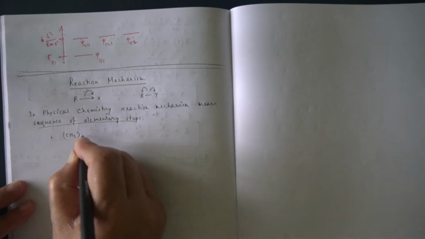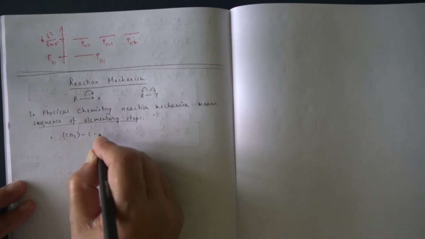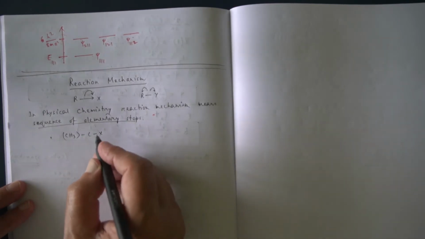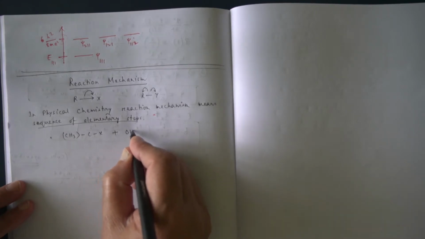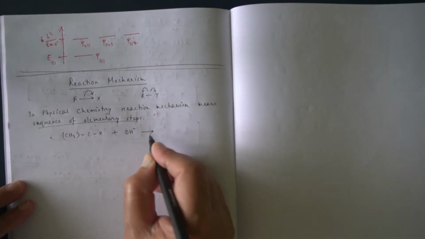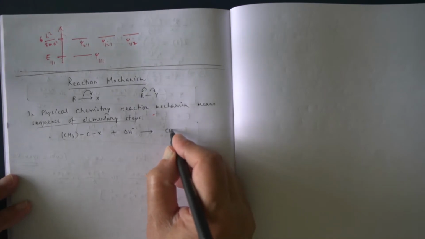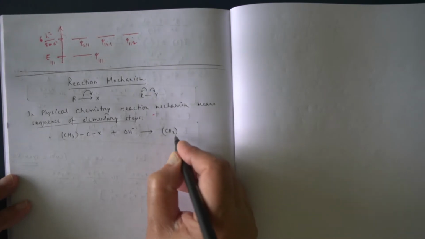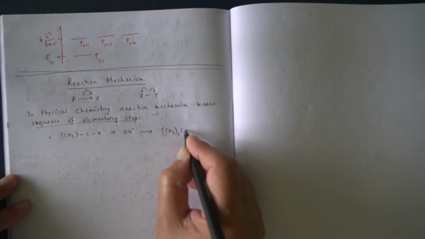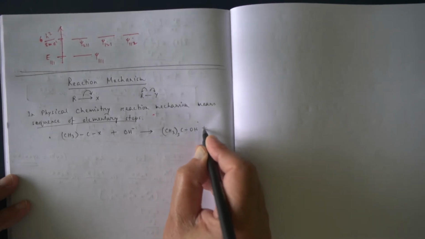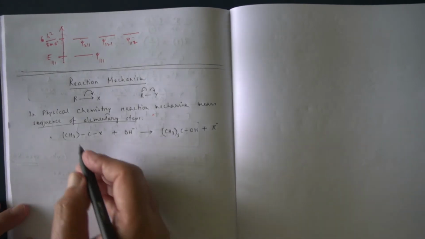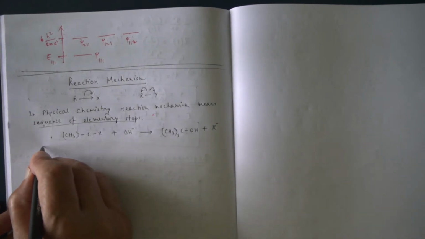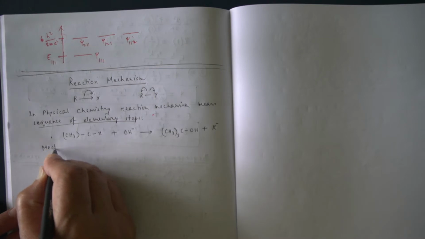Suppose this is the alkyl halide, and aqueous potassium hydroxide is reacting. So what do we get? We get this plus this. So what is the mechanism of this reaction? We have already seen.